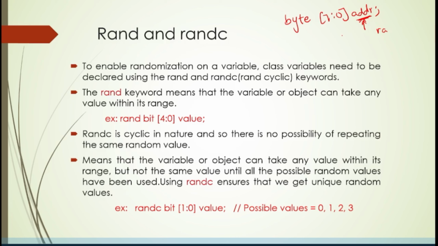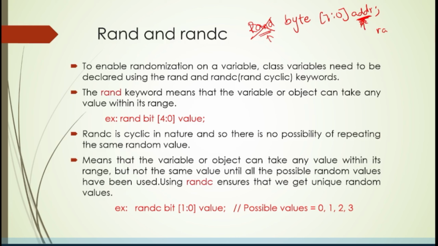What is the meaning of this? It needs to be ready for randomization means first you have to declare it as a randomized variable. So when you give it the rand keyword, that means this address can be randomized. If you are not using any rand or randc keyword before the variable, then you can't randomize it.